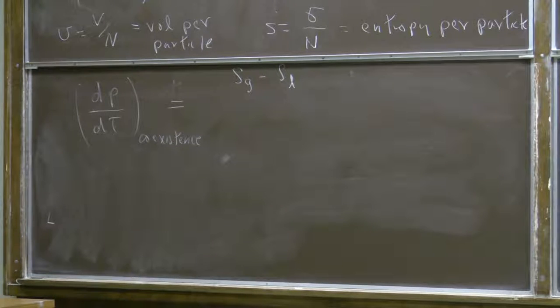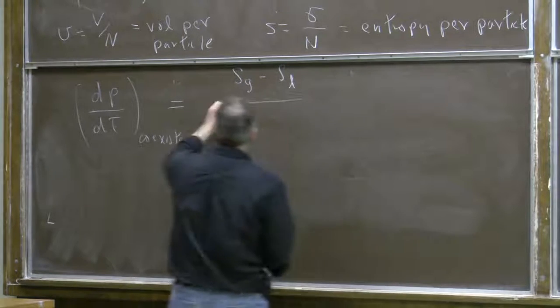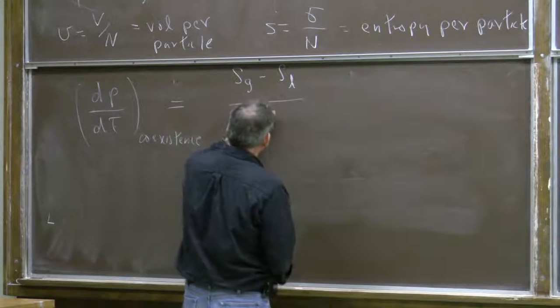Because of the minus sign in sigma equals minus derivative of g with respect to tau, the sign here got flipped. And then here I'll have the volume per particle in the gas minus the volume per particle in the liquid in the denominator.